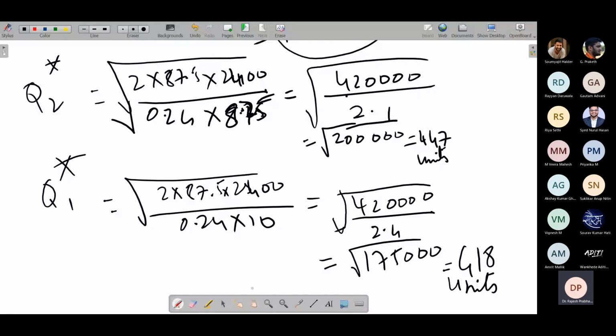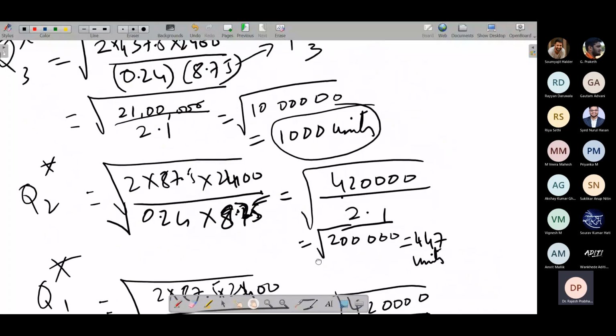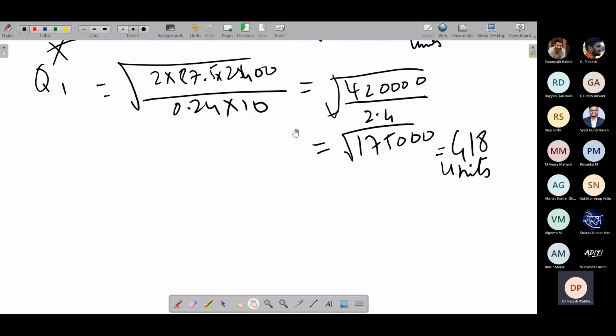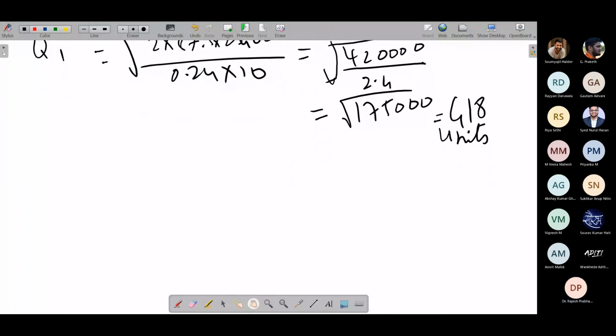So the optimum quantity to purchase has to be decided by the total cost, so we have to calculate total cost.